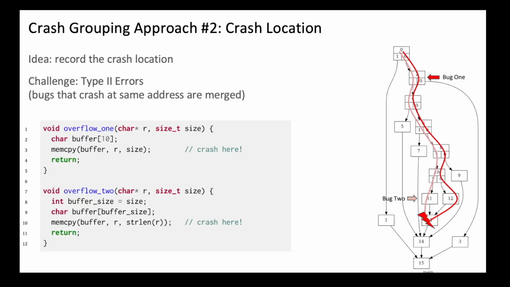For example, there are two overflow functions, overflow 1 and overflow 2. These two functions will cause stack overflow, and both of them will crash when calling memory copy. So the crash address is the same, but obviously there are two different bugs.